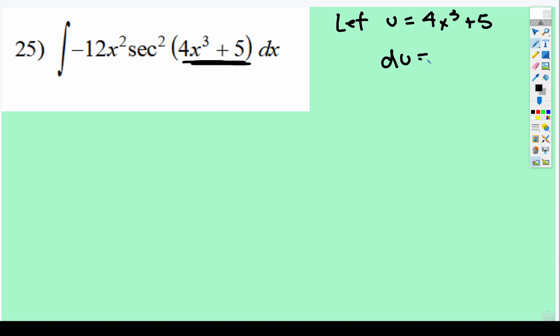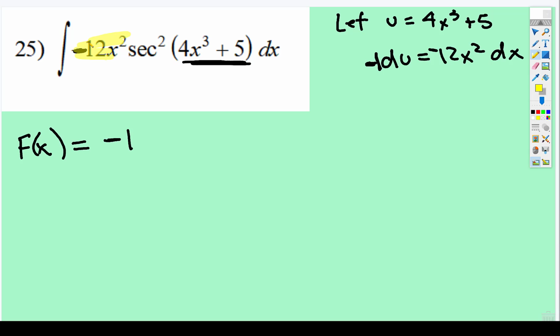Du is 12x squared dx, but we need it to say negative, so we're going to multiply both sides by negative 1. And so now we have a negative 1, that's what this is right here, that invisible negative 1. And then this piece right here is the du.